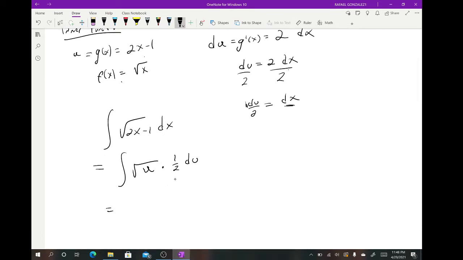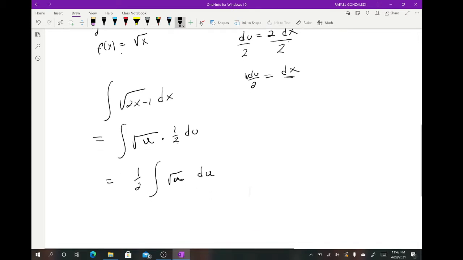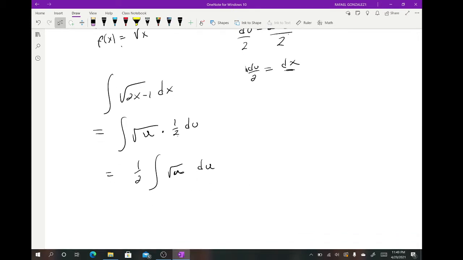Now, using the constant multiple rule, I could take the 1/2 out, and I have the antiderivative of the square root of u du. And this now is a very simple integral, because it's like taking the antiderivative of radical x dx. So this is 1/2, and remember the antiderivative of radical u is the same thing as the antiderivative of u to the 1/2 power.